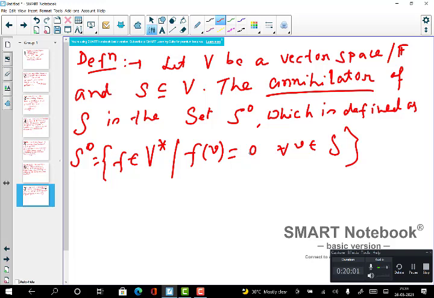If this is the case, then this collection of all such linear functionals is called the annihilator of S. Obviously this is always non-empty, since the zero function is always there.